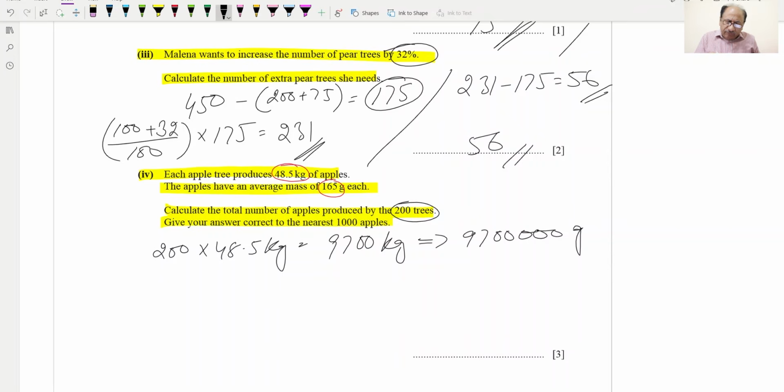The apple has an average mass of 165 grams, so 9,700,000 grams will be divided by 165.